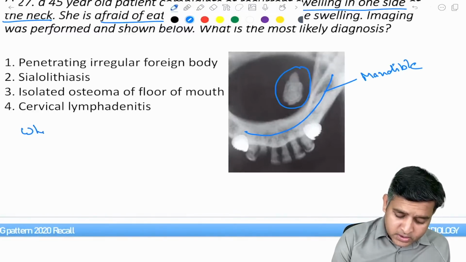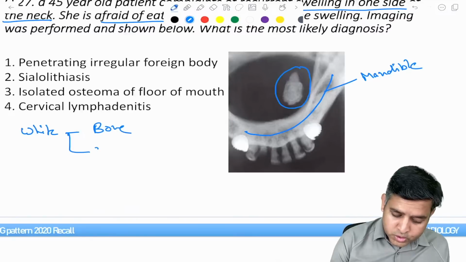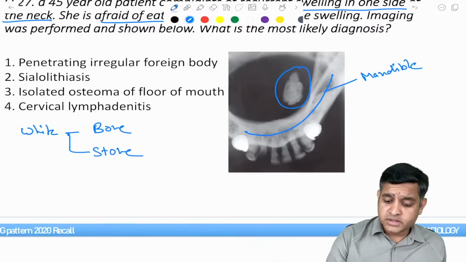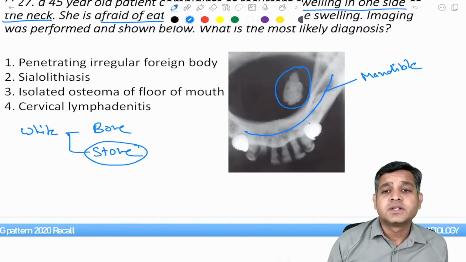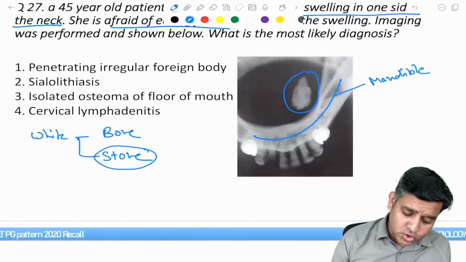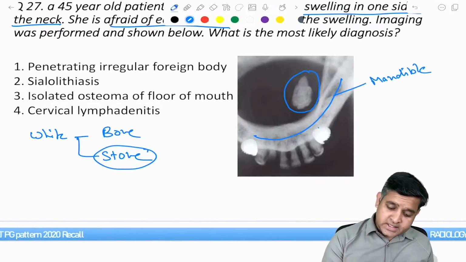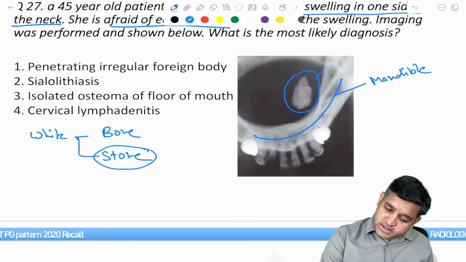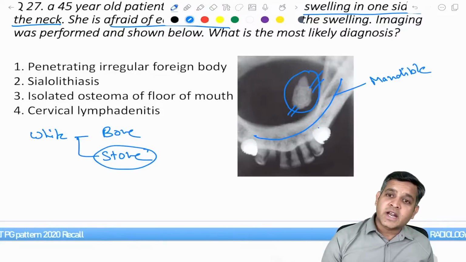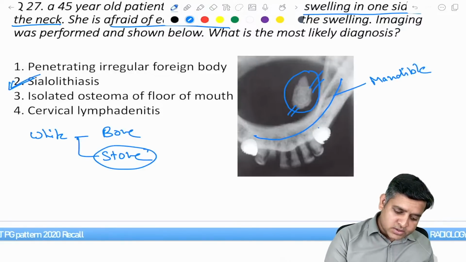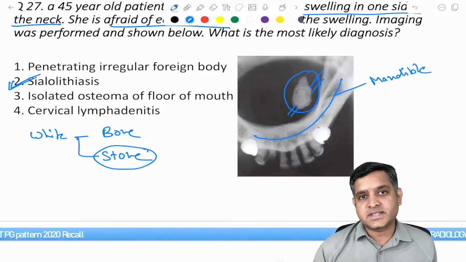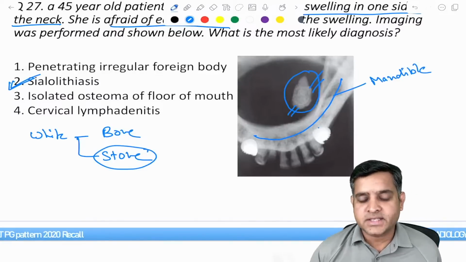If it is white on X-ray, either it is bone or stone. This is not bone, so it has to be stone. If it is in the lumen, it is calculus. If it is in the tissue, it is calcification. So this is in the duct of the salivary gland, and this is a case of sialolithiasis, right?